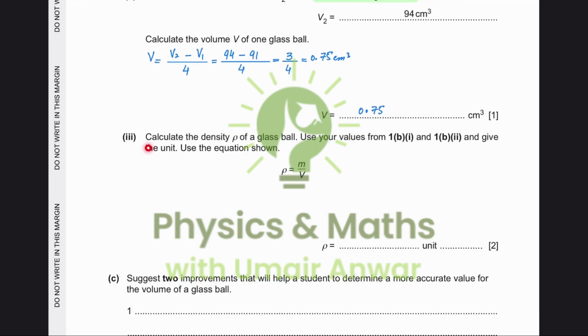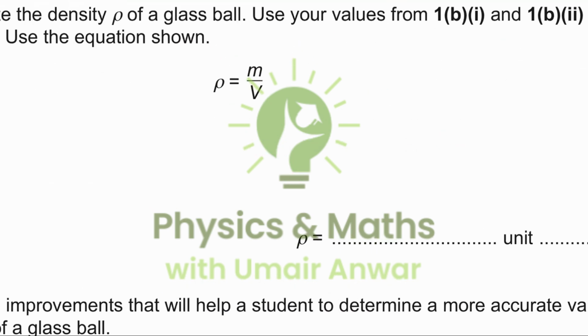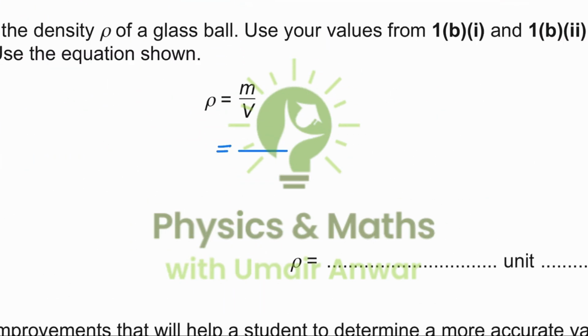Now the next thing is we have to calculate the density rho of a glass ball. Use your answer and your values from question 1 part B part 1 and 1B2 and give the unit also. Use the equation rho is equal to m upon v. Now the mass of the one glass ball came out to be 1.8 grams, right?